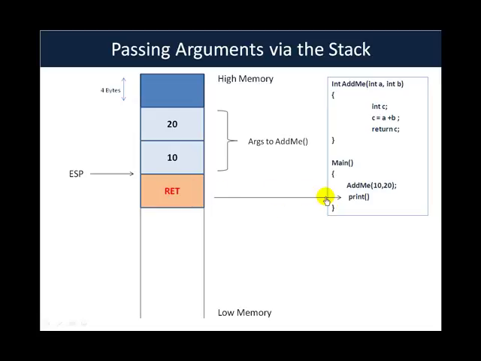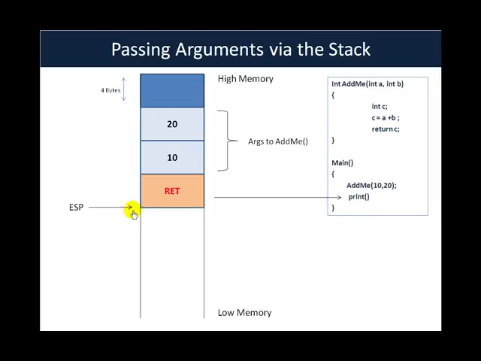So at this point, what we have on the stack is the arguments, and the return address after executing the function addMe, where the program needs to execute next, and at this point one can go ahead and enter the addMe function. Now there is something very interesting here: once inside the addMe function, local variables such as c need to be defined, int c needs to be defined, and there are many other tasks which need to be done, right?